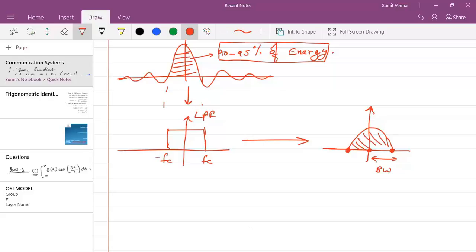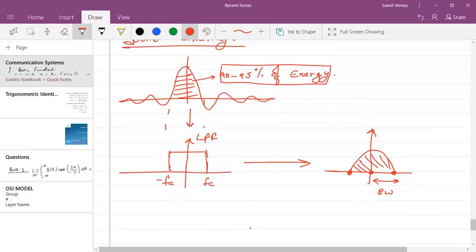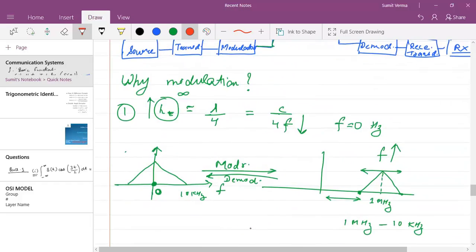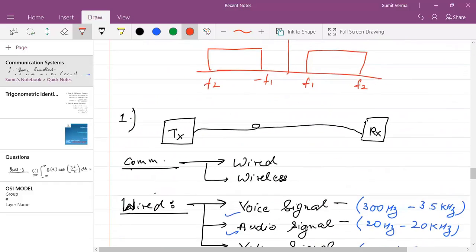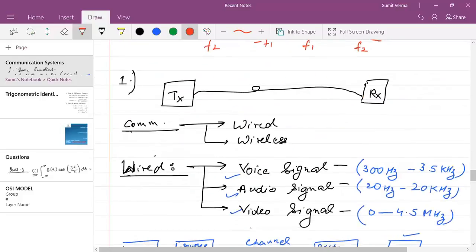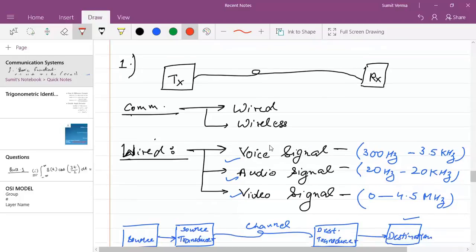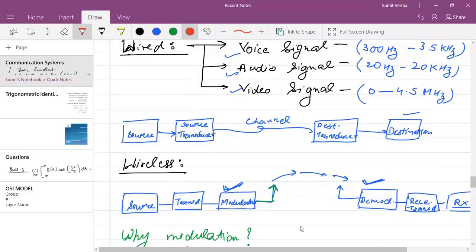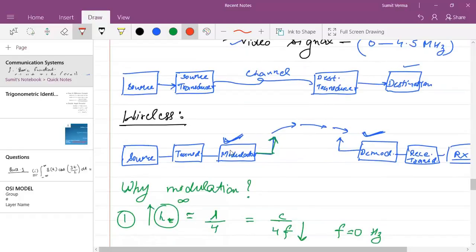Friends, this would be it for today. Let's give a recap of what we saw in modulation. When we started modulation, we saw two types of communication systems, wired and wireless, and the types of signals which we want to transmit. Then the block diagram for wired and wireless channels. The difference between wired and wireless was modulators and demodulators.